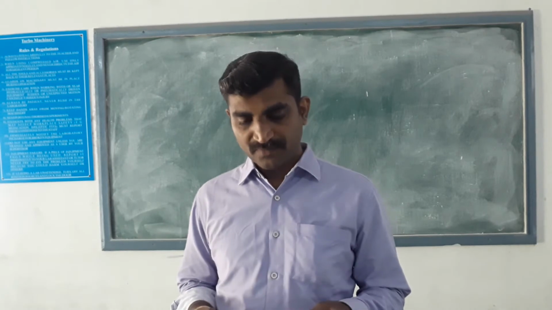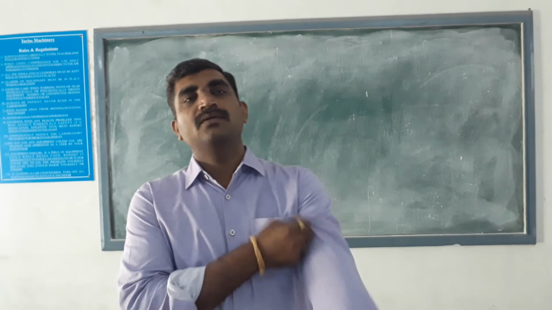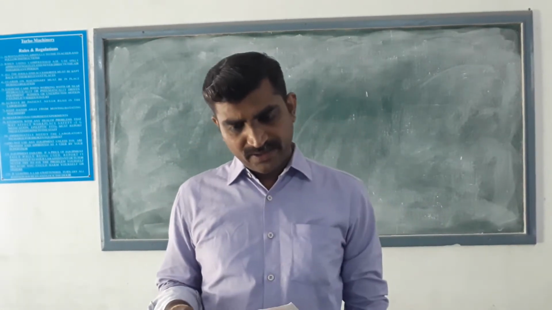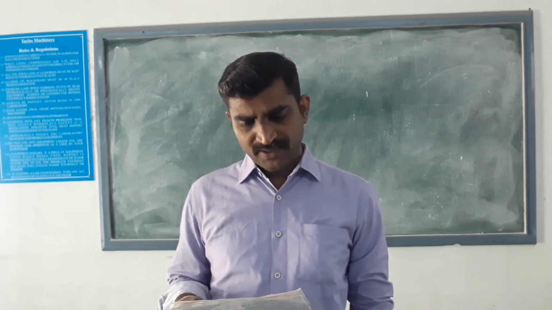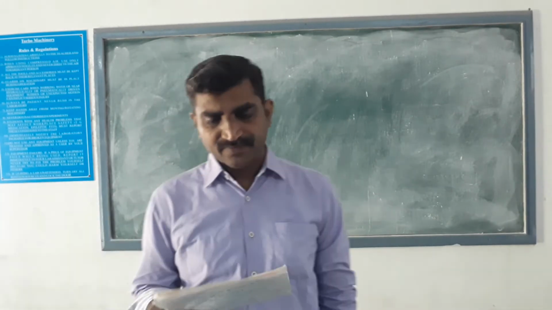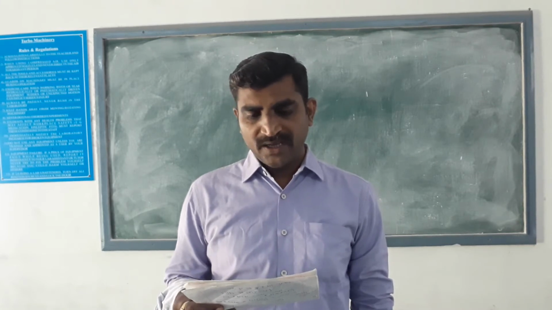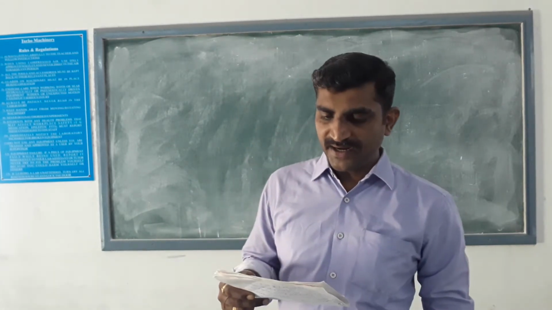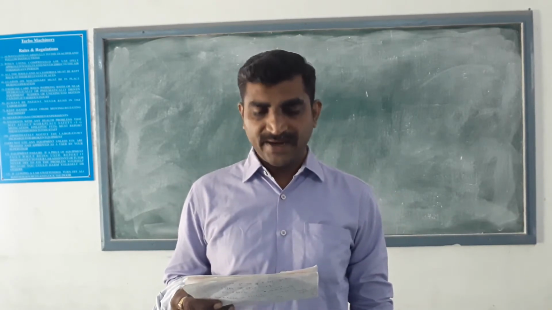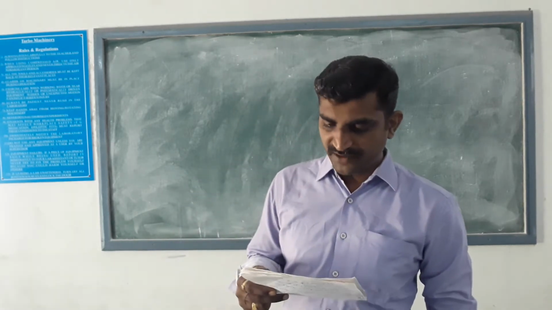So what is given in our problem? I will read this problem once again. The following data refer to a Pelton turbine. It drives a 15 megawatt generator. The effective head is 310 meter. The generator and turbine efficiency are 95% and 86% respectively.